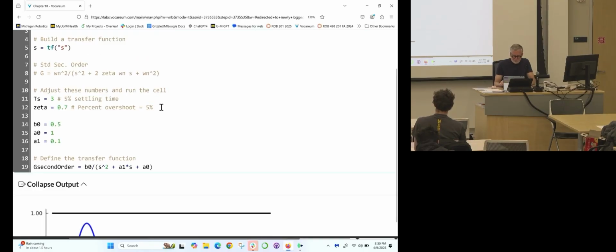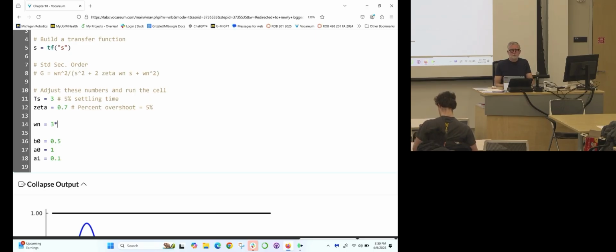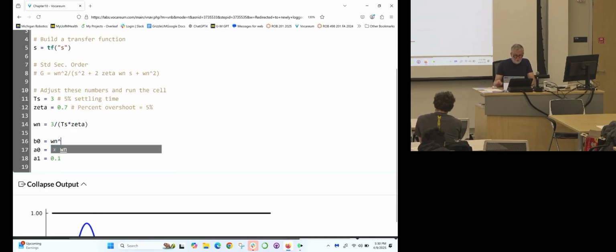Yes, we've got things. We need to calculate omega n, and I said that was 3 times, let's see, TS is 3 over zeta omega n, so it's 3 divided by TS times zeta. Okay, and this one needs to be omega n squared.